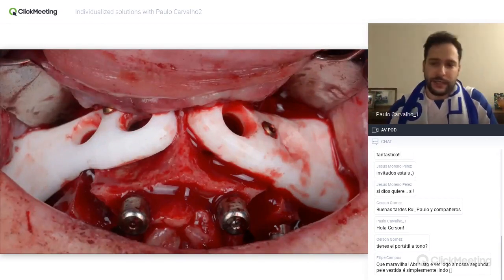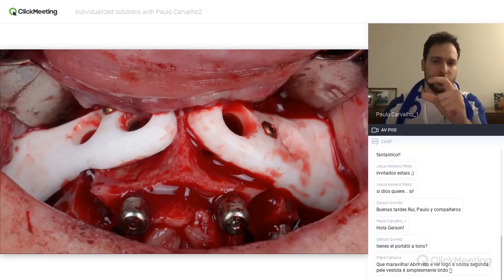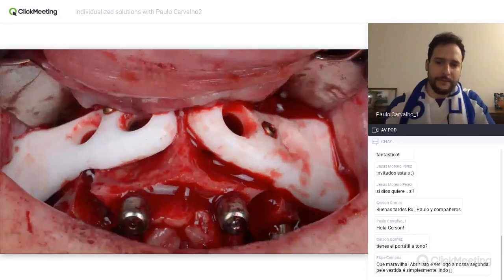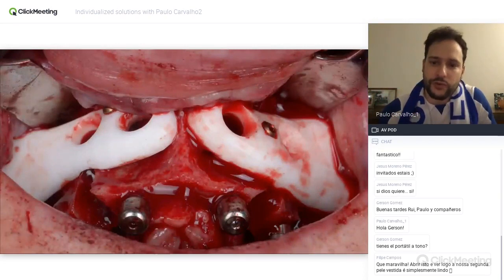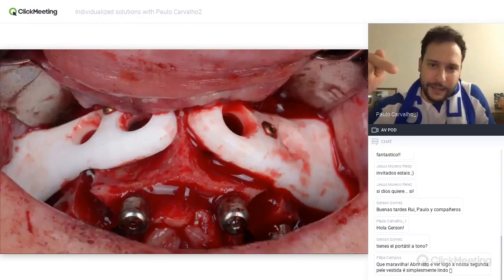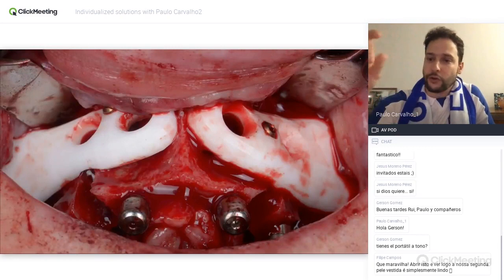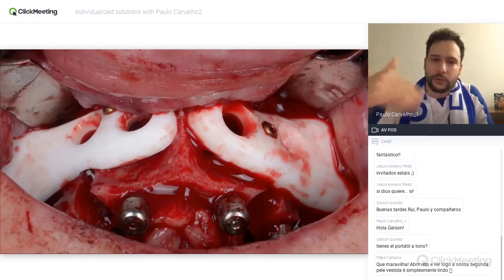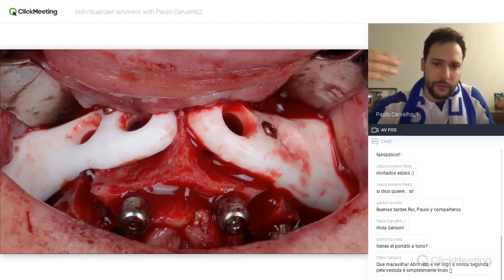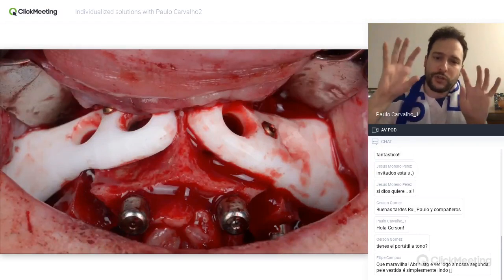And after knowing the position, they are already prepared with the screw access to use these osteosynthesis screws to fix them in place on the maxillary bone and on the zygomatic process as well. We don't need a lot of screws because these devices are not going to be loaded. They will not receive mechanical forces. They will not have connection to the prosthesis or the implants. So it's only to stabilize them.